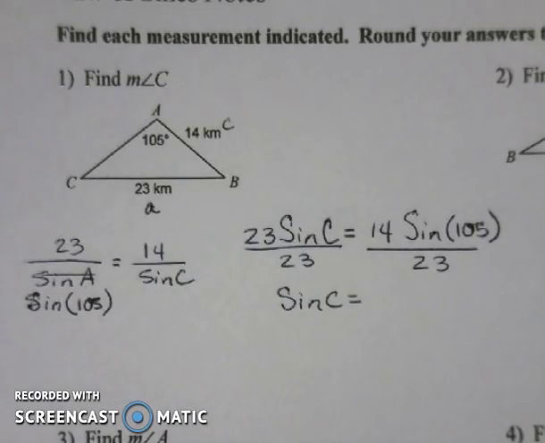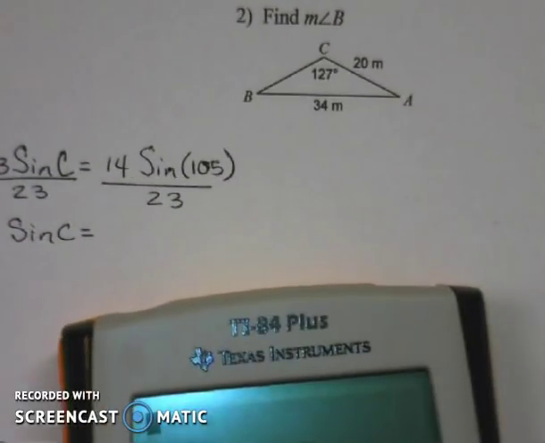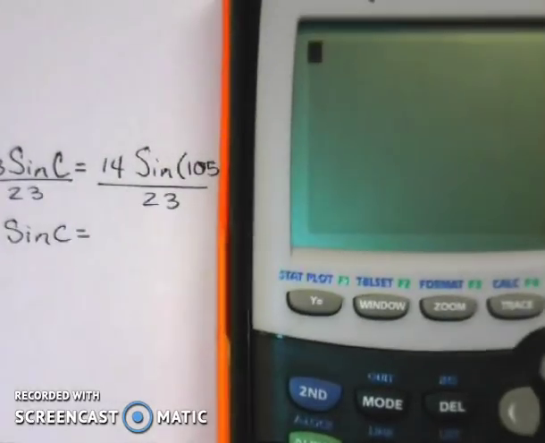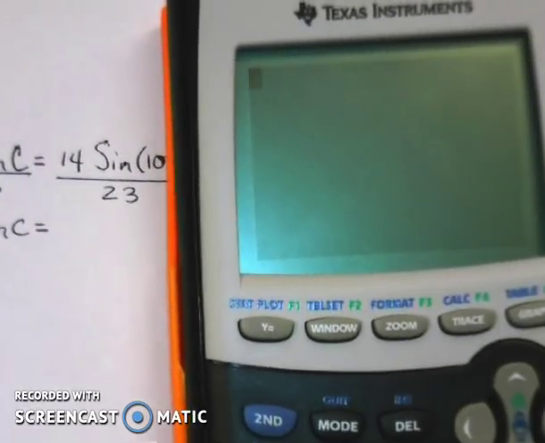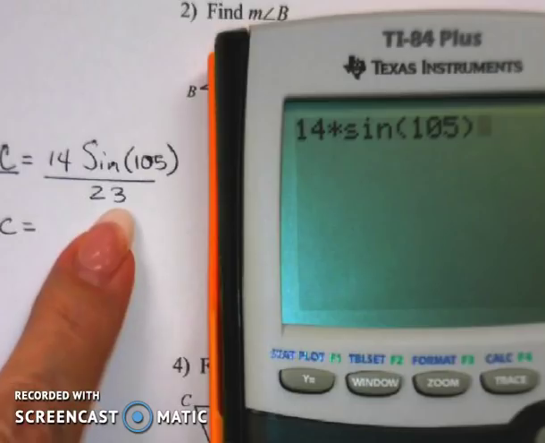Well, I'm going to take my calculator, bring it over here, and find a place for you to see it. So maybe you can see them both. So I'm going to put 14 times the sine of 105, close my parenthesis, and now I need to divide by 23.